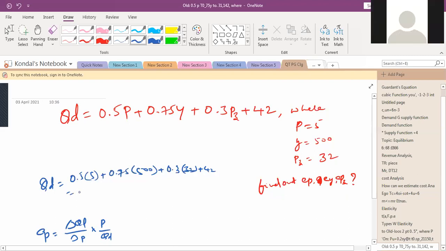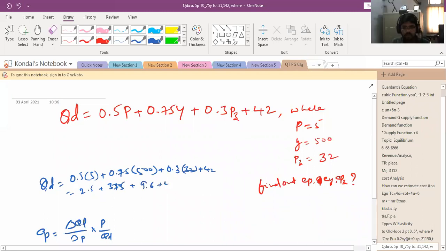0.5 into 5, how much will we get? 2.5. Plus 0.75 into 500, that is 375. Plus 0.3 into 32, that is 9.6. Plus 42.